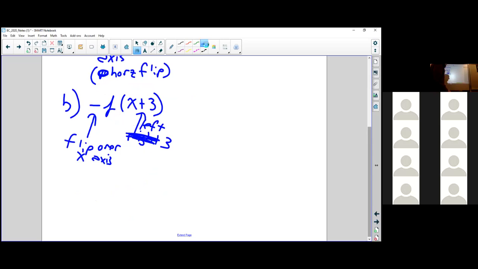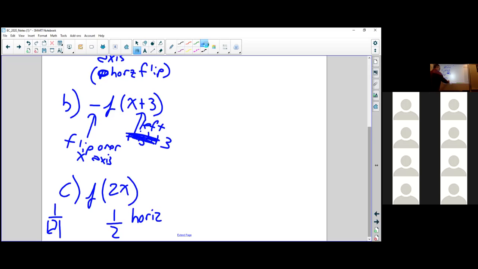Letter C. What does f of 2x do? Because this is inside, it's going to be 1 over 2, because what they use is 1 over a. So this is going to be a horizontal shrink. It's a shrink because it's half.